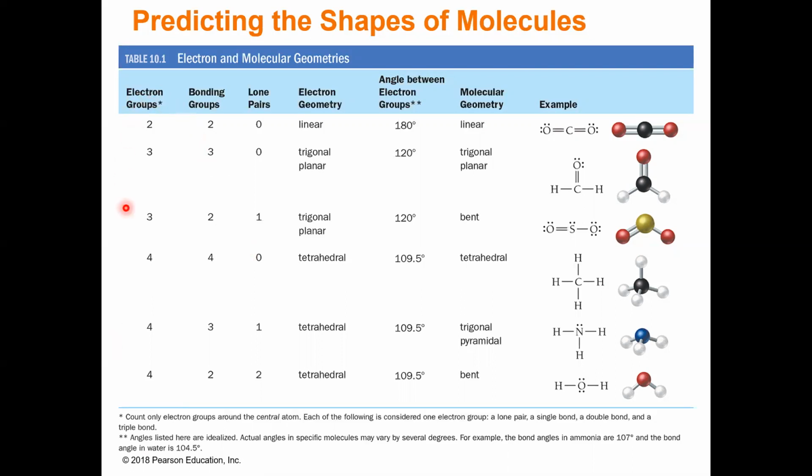Overall, this is looking at what we looked at with the marshmallows and our toothpicks. When we have 2 electron domains, both of those electron domains or electron groups have to be bonding domains. In that case, both the electron geometry and the molecular geometry are called linear, and the angle is 180 degrees between our bonding domains.